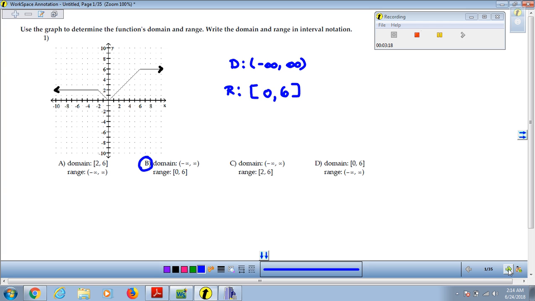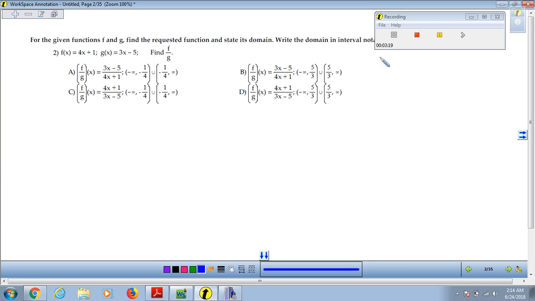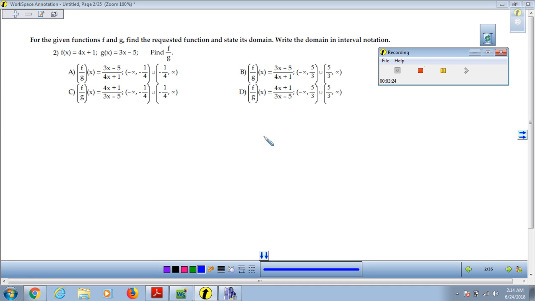Okay. And question 2 says, for the given functions f and g, find the requested function and state its domain. Write the domain in interval notation. So this is the requested function, f over g, right? All I'm going to do is f of x, which is this function, over g of x, which is this function.